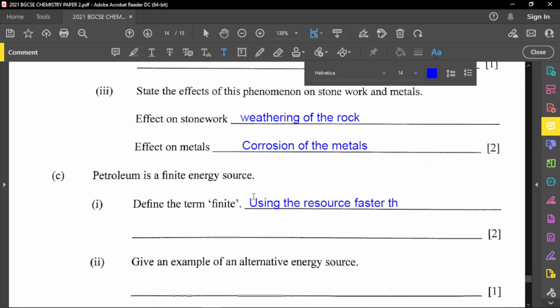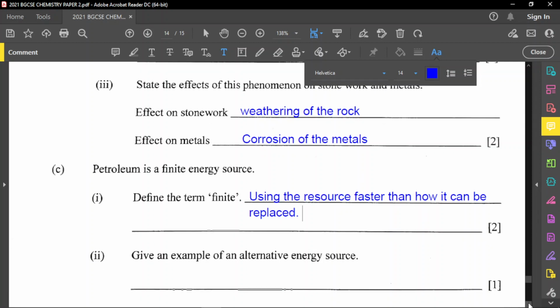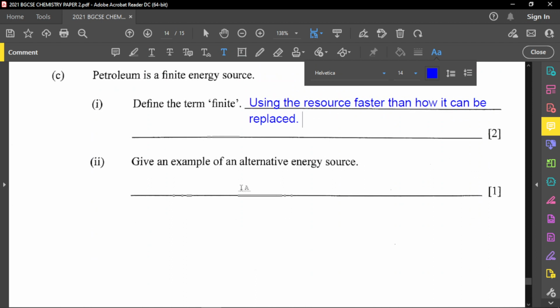So finite means that you have a limited amount, you're using it faster than you can replace. It takes a really long time to make. And we also call this our non-renewable resources, right?